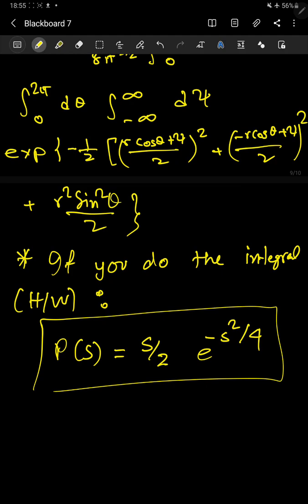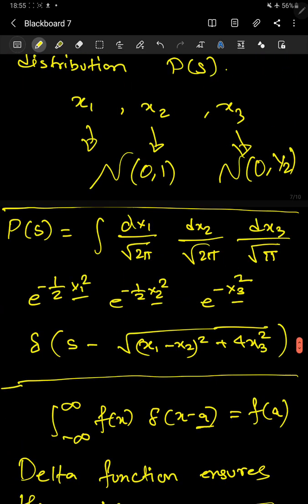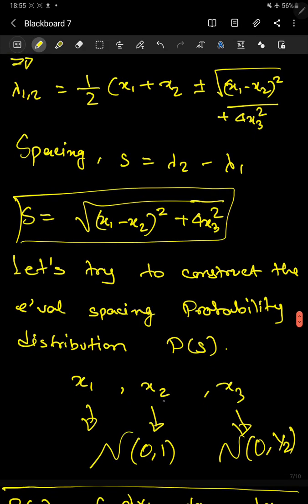Now the important question is, it's your job to compare with the Wigner surmise. You'll see that with some values of beta and alpha, it is very well approximated by the Wigner surmise. It's very similar. So the remarkable result: please note that we have picked x1 and x2 randomly from a distribution. These are random variables.